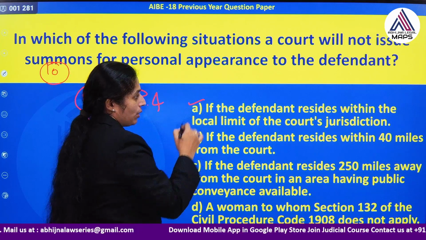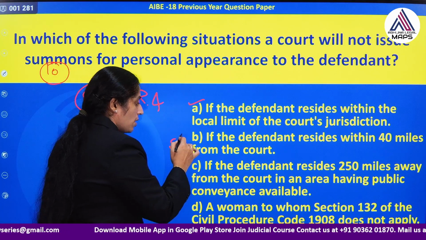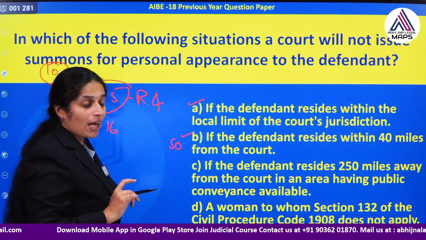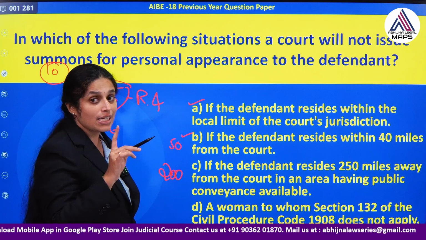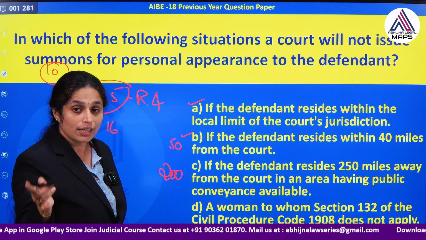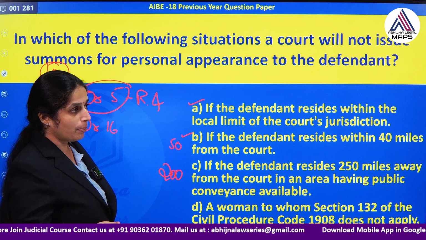So, here it can be issued. If he is residing within 50 miles, even then for his personal appearance summons can be issued, and if he is residing within 200 miles, if there is a public conveyance, even then he can be issued summons to appear personally.